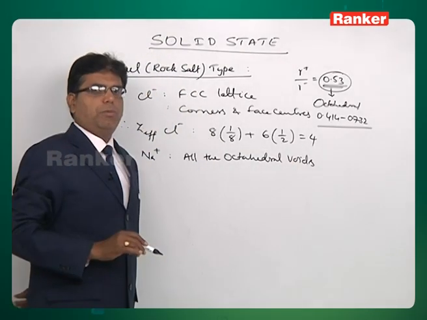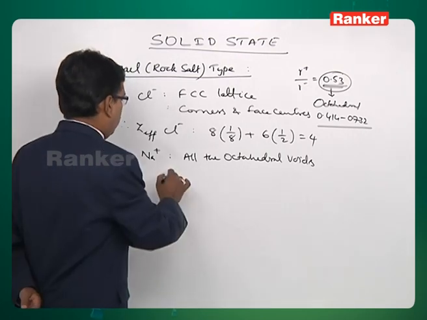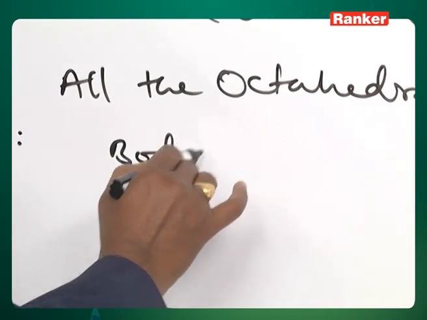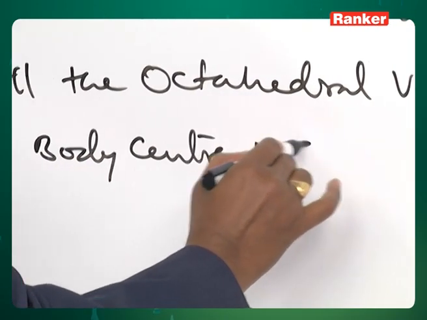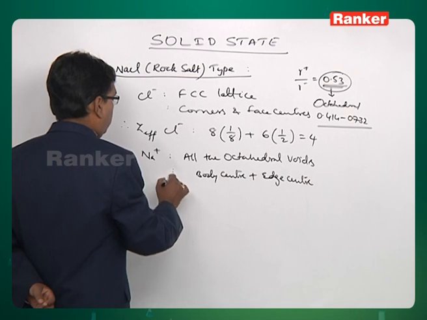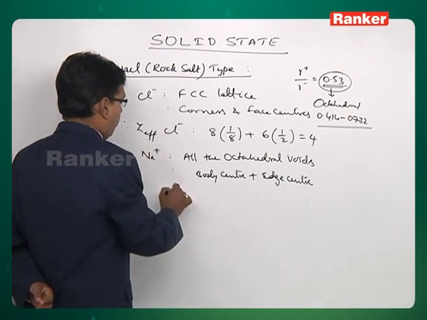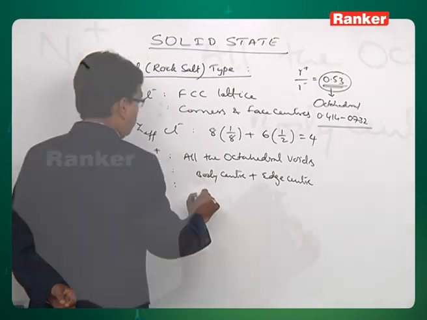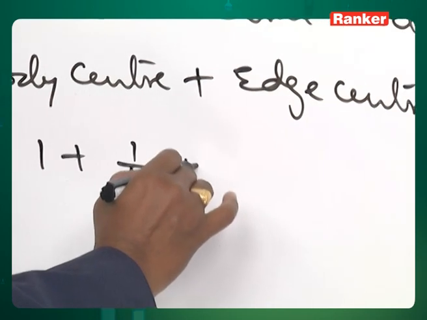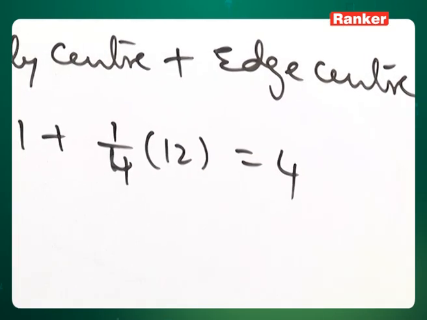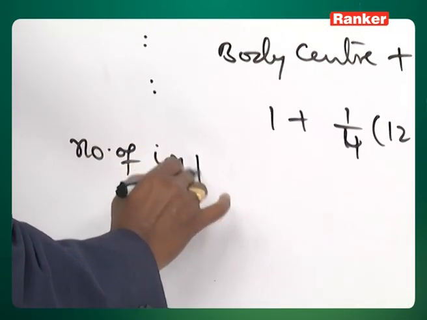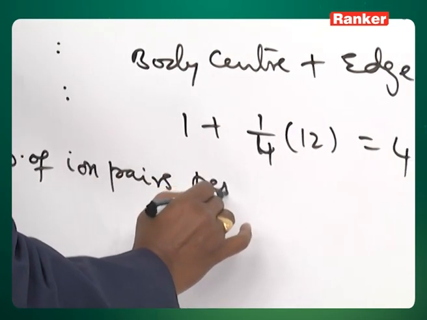Therefore, sodium ions occupy all the octahedral voids, and octahedral void means it is at the body center and edge center. In other words, the number of octahedral voids is equal to the effective number of atoms. So, this is equal to body center 1 plus edge center 1 by 4 into 12, that is equal to 4.